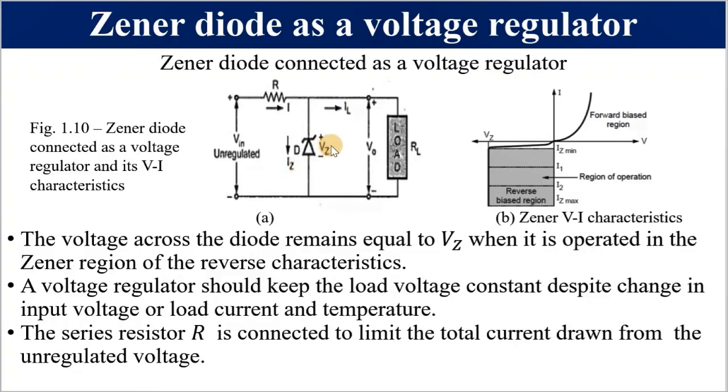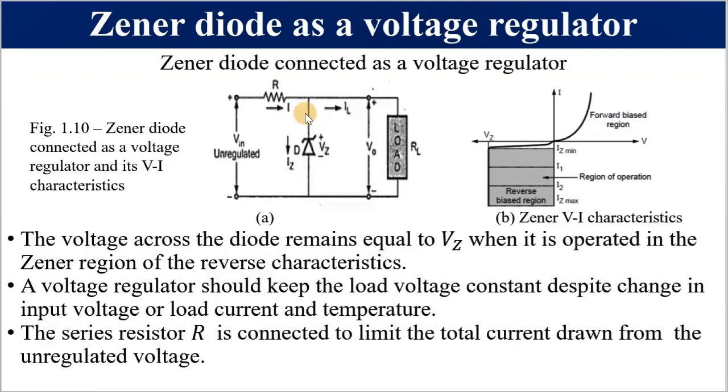Please, from your circuit theory, the load RL is connected in parallel with the Zener diode, because they have two common points that are connected together, this point and this point. So we say they are in parallel.